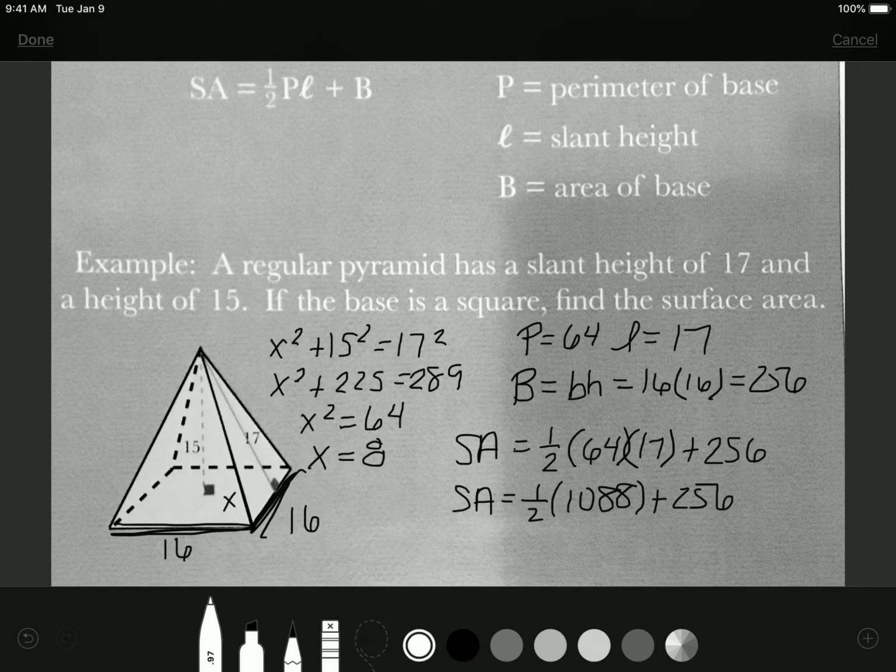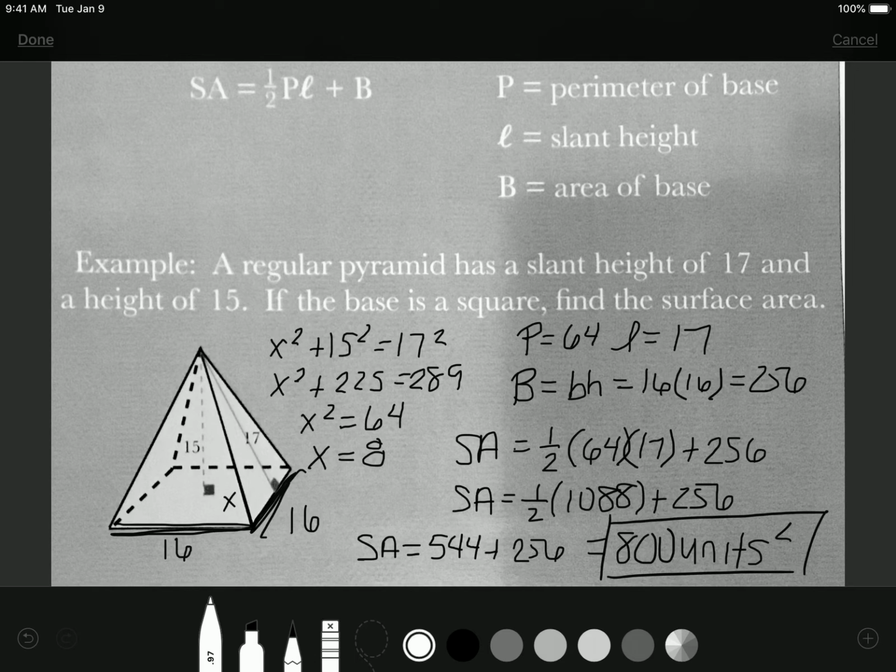Right? So half of 1088 is 544. So we have 544 plus 256, which gives you a grand total of 800. We don't have any units on there, so we're just going to write units squared.